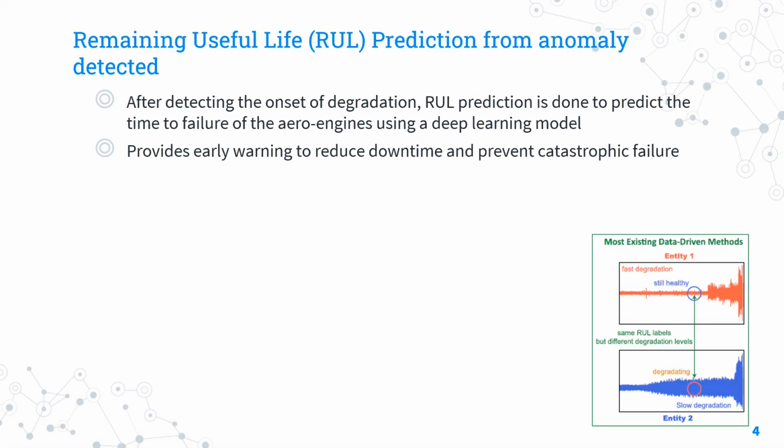After detecting the onset of engine degradation, this project takes a step further to predict the remaining useful life of the engines using deep learning methods, in order to give a more accurate time to failure of each engine for better predictive maintenance and prevention of mechanical failure. Deep learning methods are commonly used in remaining useful life prediction.